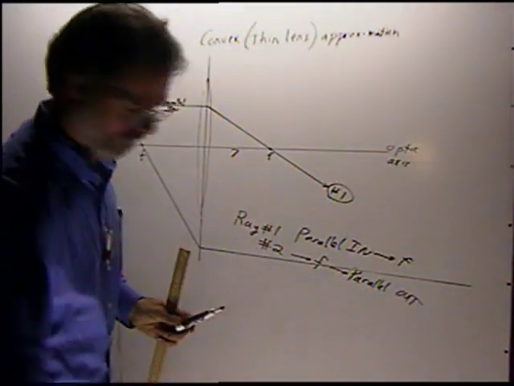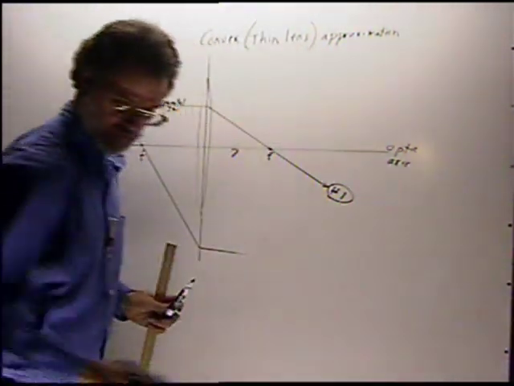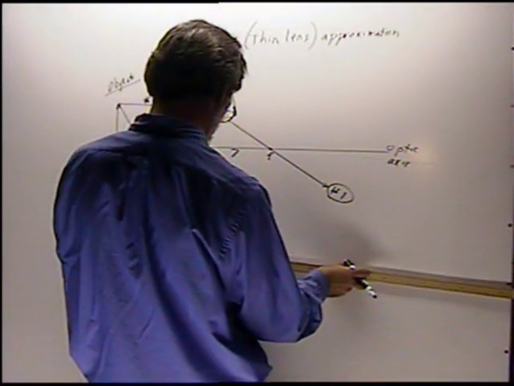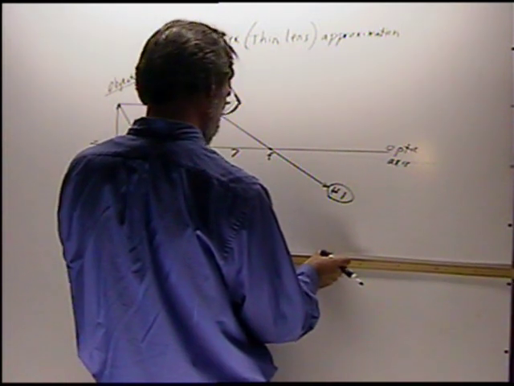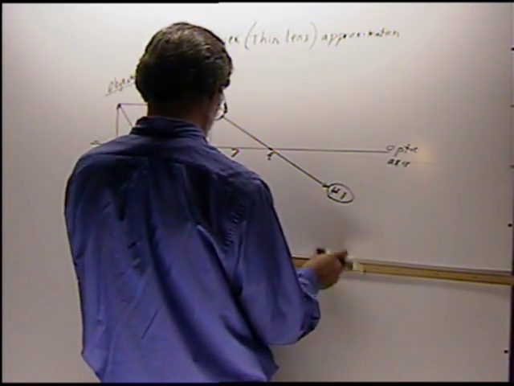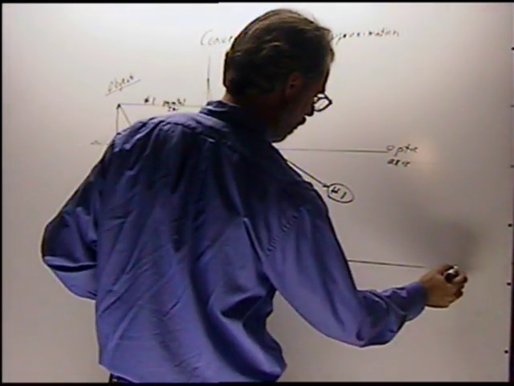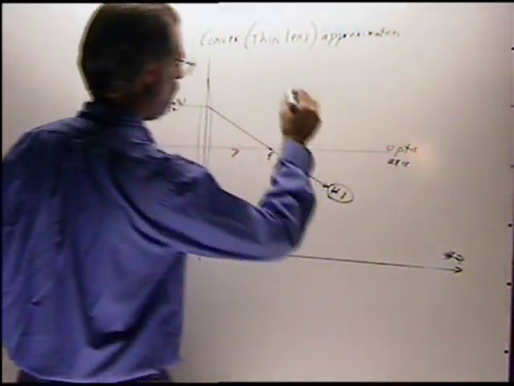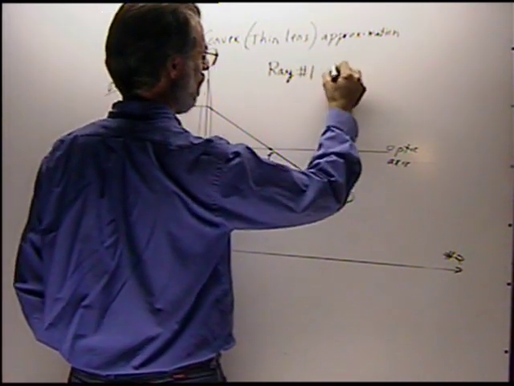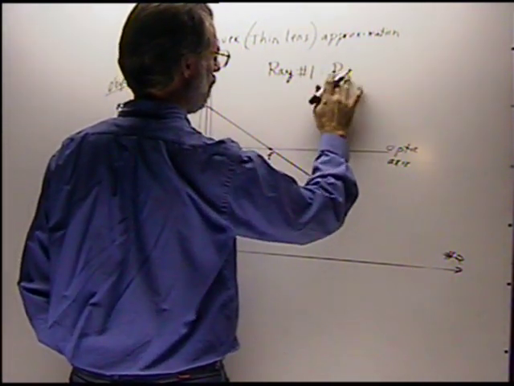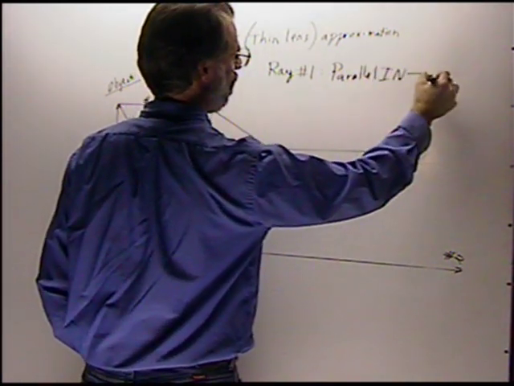I'm going to erase this over here. Okay, so ray number 1 was parallel in, and it goes through the focal point.